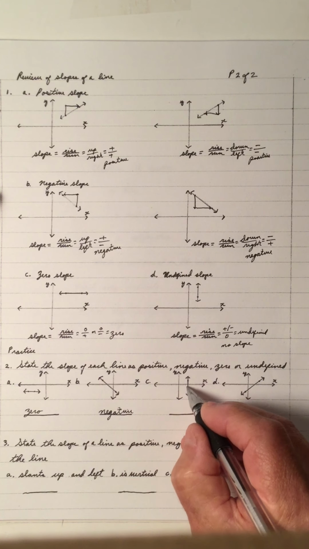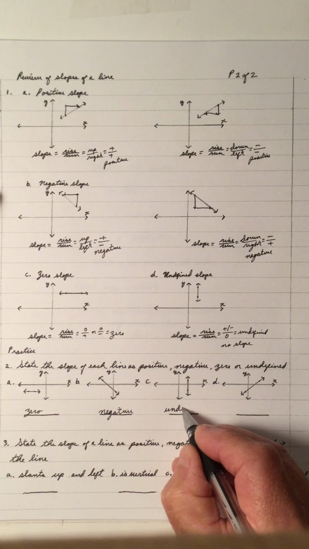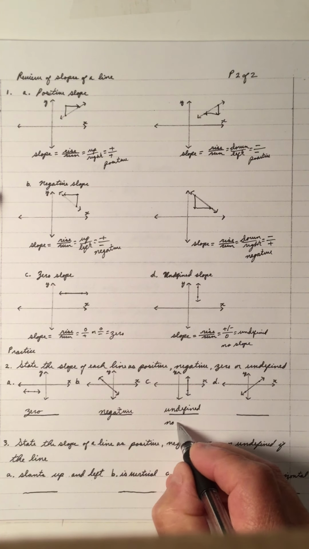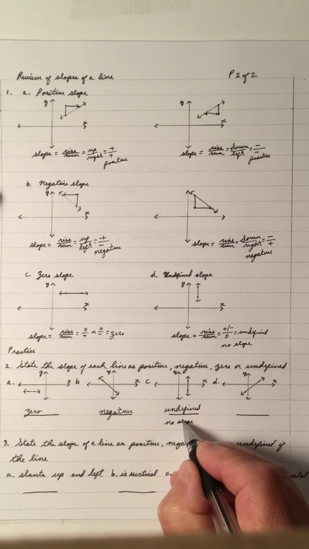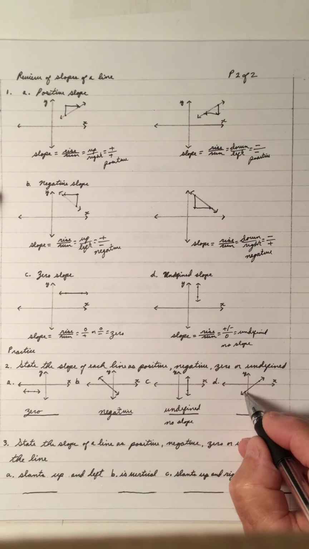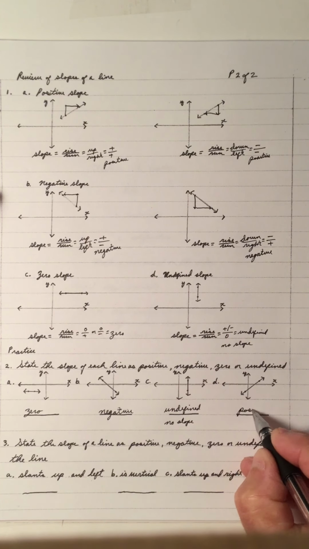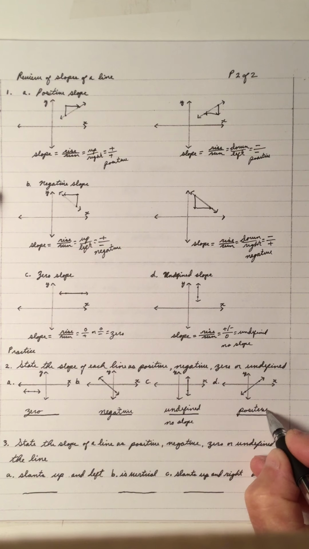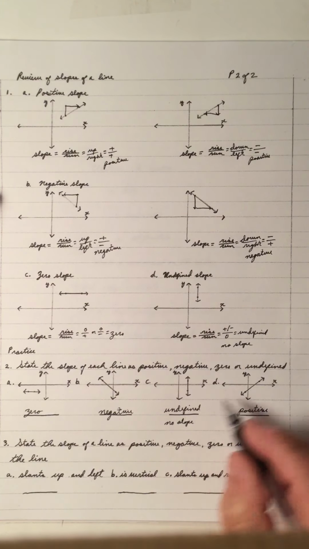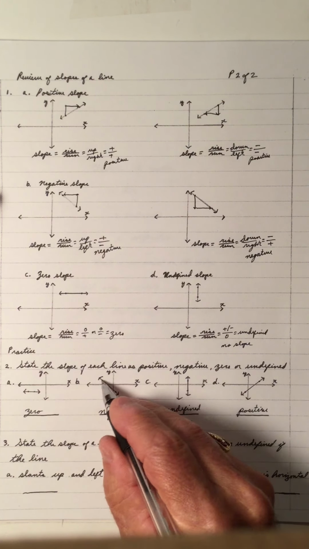And this line right here is vertical, and the slope of a vertical line is undefined, or we could say no slope, but undefined is perfect. And this line is going up to the right, so that's a positive slope. Again, that's the way I do slopes. When I do oblique lines, slanting lines left to right, I go up to the right, positive, up to the left, negative.